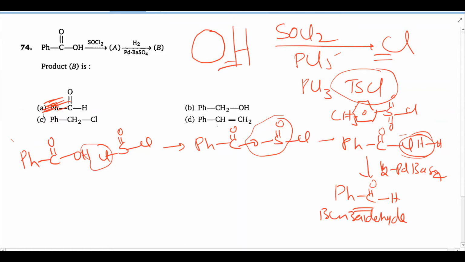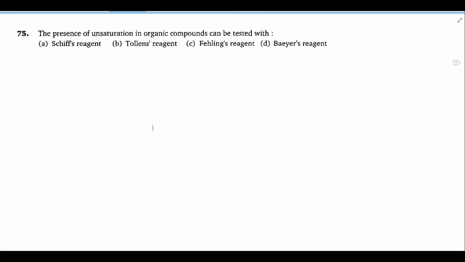Now coming to question number 75. Very simple. The presence of unsaturation in organic compounds is tested by Baeyer's reagent, because Schiff's reagent is used to test aldehydes, Tollens reagent is used to test aldehydes, and Fehling's also tests aldehydes. But Baeyer's reagent is alkaline KMnO4.